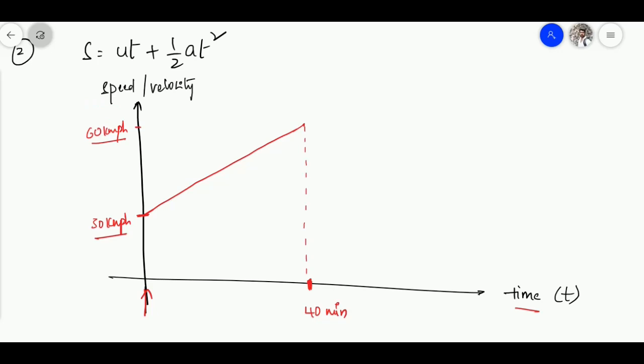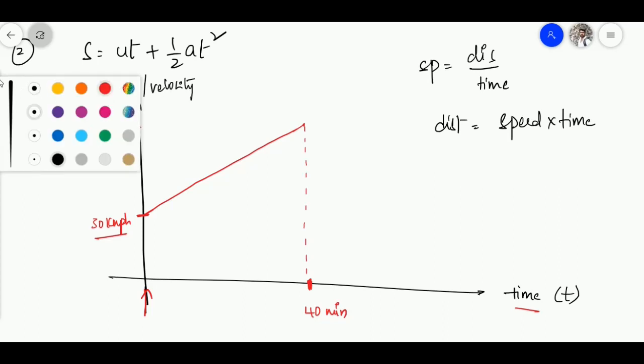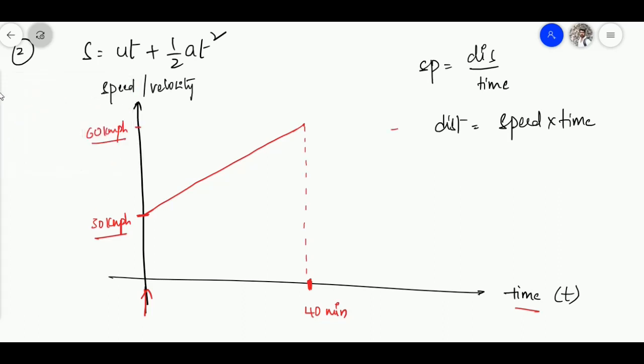And one more thing I know is speed equals distance by time, and distance will be equal to speed into time. And there is a very important thumb rule here: whenever there is a multiplication symbol between an x-axis term and a y-axis term, I'm just repeating again, you can note this, you have to find the area.